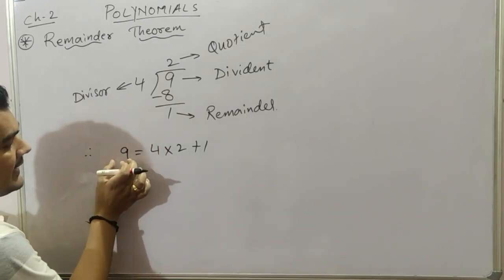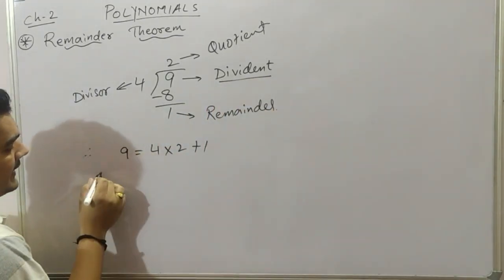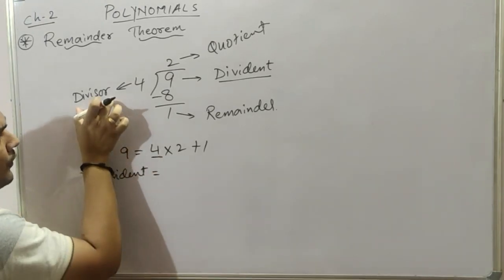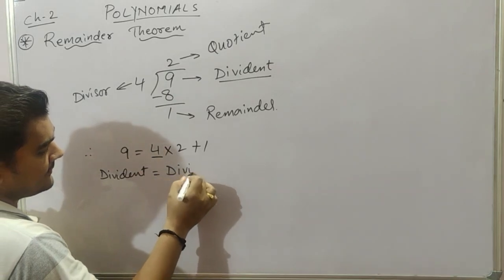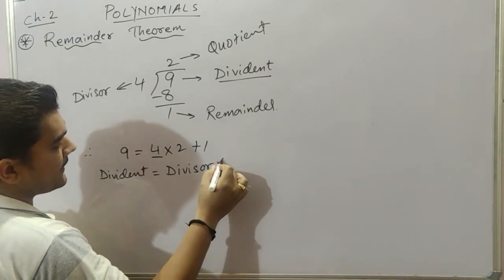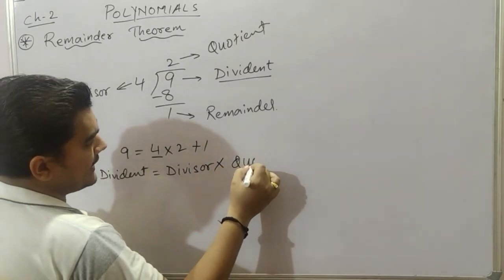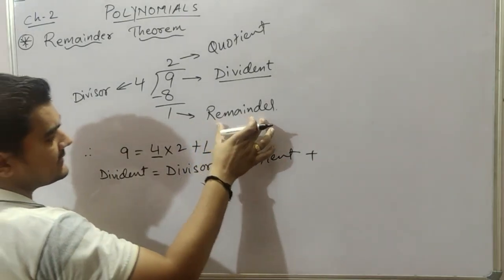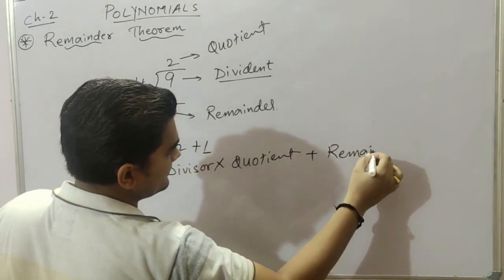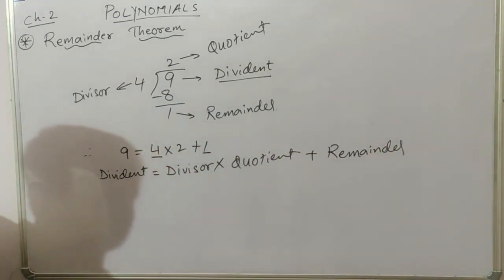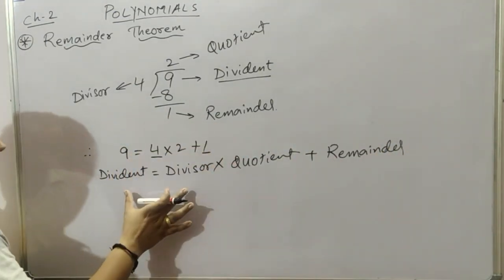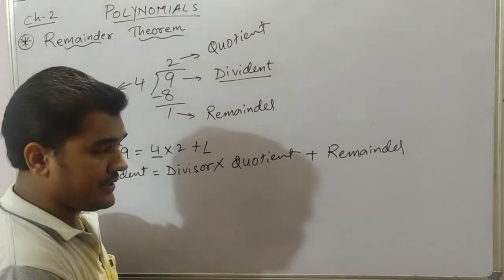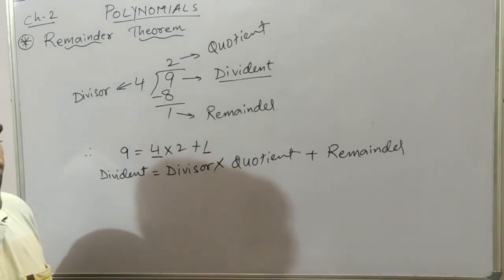So here, instead of 9, you can write dividend is equal to divisor 4 into quotient 2 plus remainder 1. So from this we get the formula that dividend is equal to the product of divisor and quotient plus the remainder.